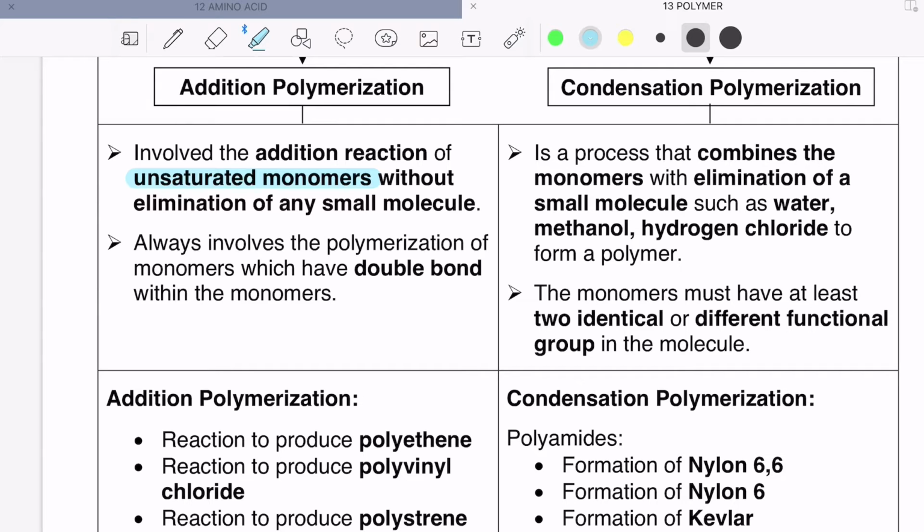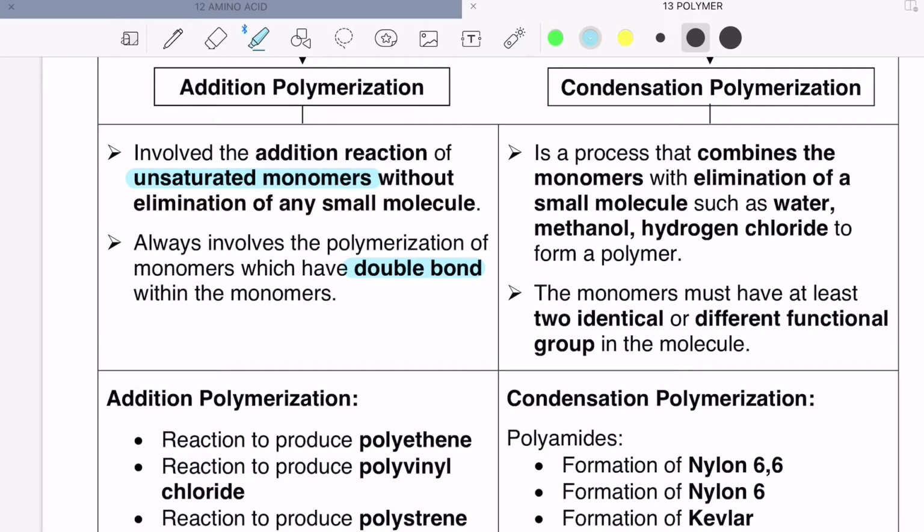So they are not going to eliminate any molecules in the monomers. All the atoms will stay. However, there might be some breakup in the double bond or in the triple bond. So this one always involves those with double bonds.